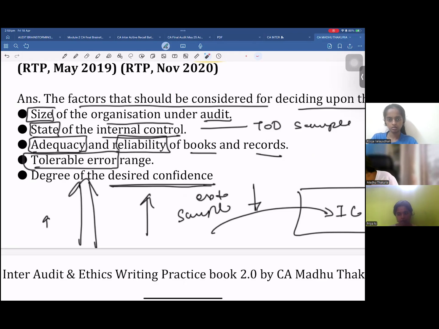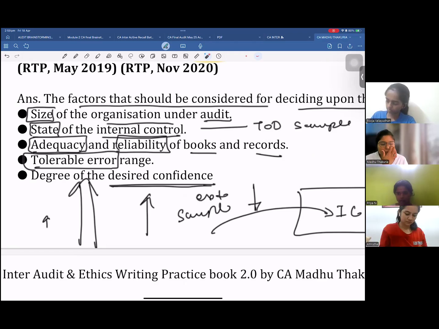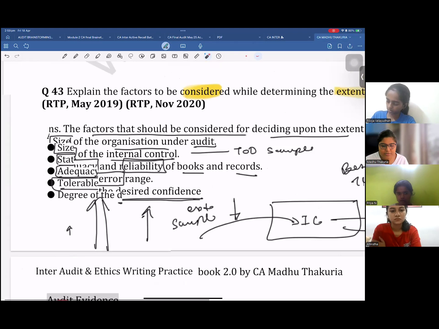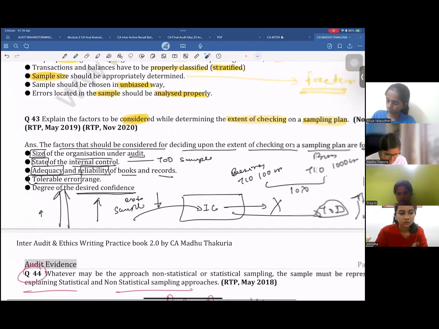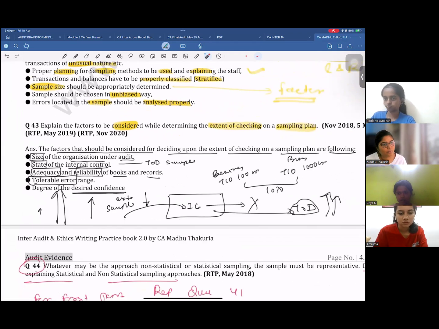Auditor's point of view, yes. Then the degree of desired confidence. For whom? Degree of desired confidence, from whose aspect are we saying this? From the auditor only. So both the tolerable error range and the degree of desired confidence that you want to bring to the users of the financial statements on your audit opinion. Based on that, you decide the extent of checking on the samples.